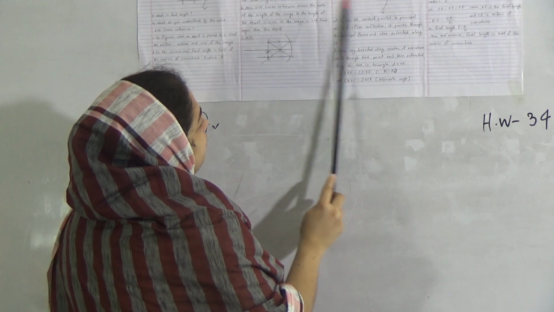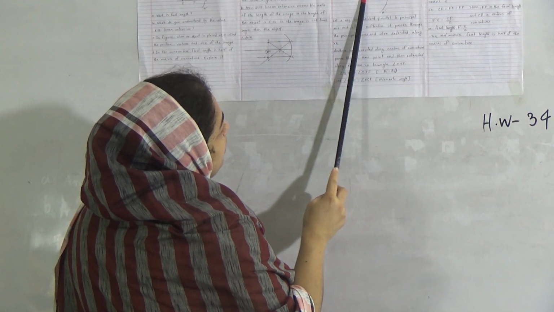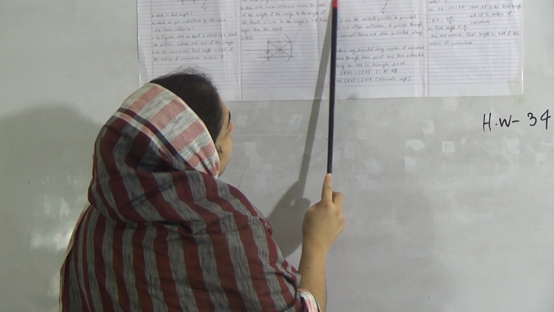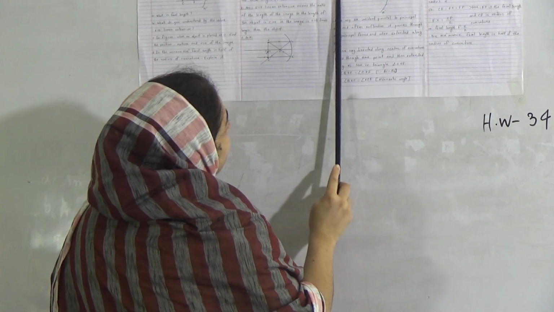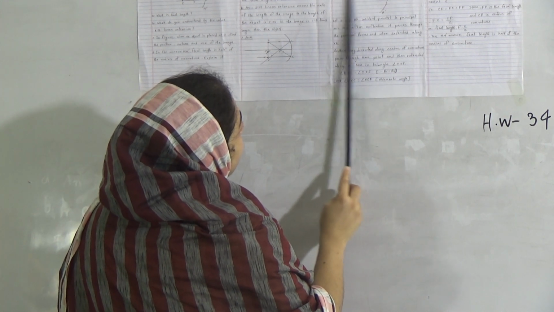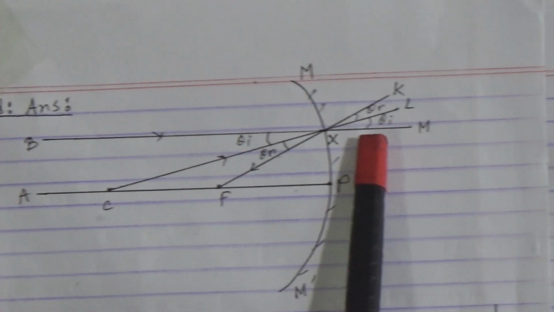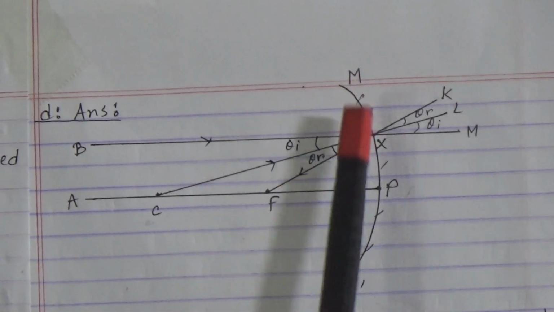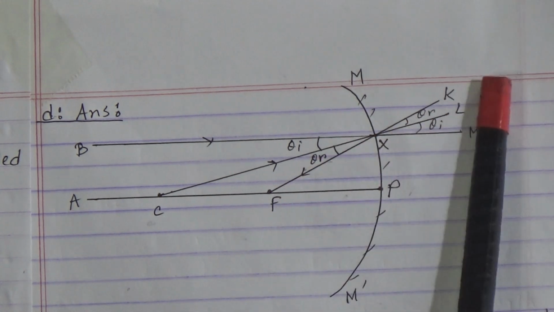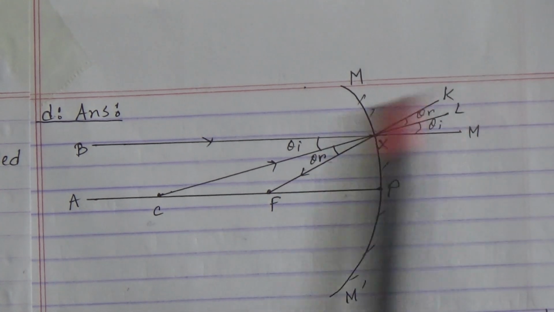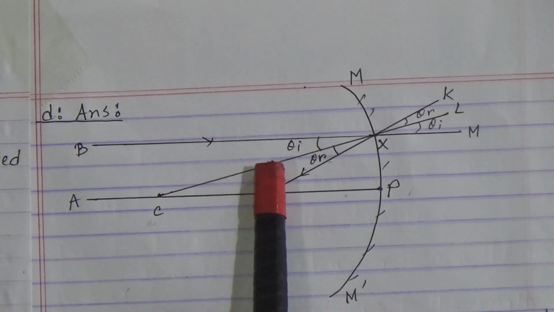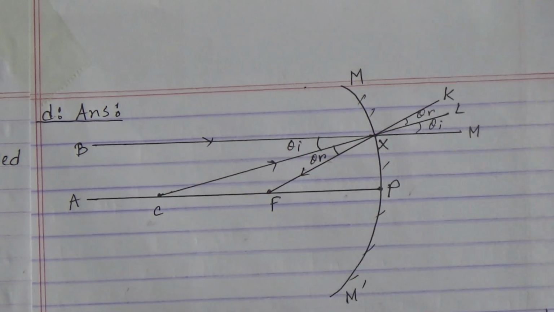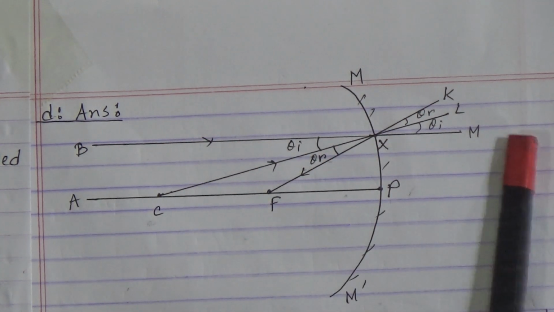M dash is a concave mirror, and P is the pole, F the focus, C the center of curvature, and here a point A is given. Light is coming from A, and a ray from point B is incident on this mirror at point X. After reflection, this ray will go through the focal point, and if we extend this line, it will go through the line FK. Another ray coming from the center of the curvature, after reflection, will go through the line CL, and if we extend this line, it will go through XL.